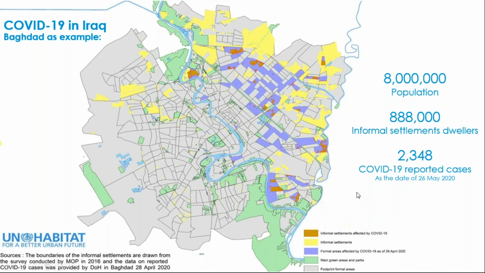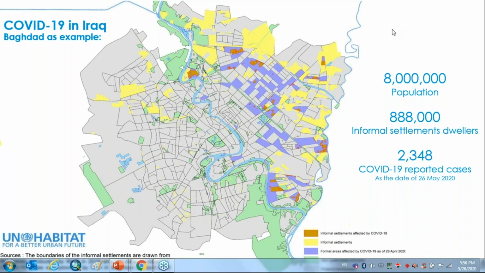Baghdad has more than 8 million population, with more than 800 thousand informal settlement dwellers. Also, till today, there are 2,348 reported cases. As you see on the right side of the screen, most cases are reported from this side, what we call Rusafa.